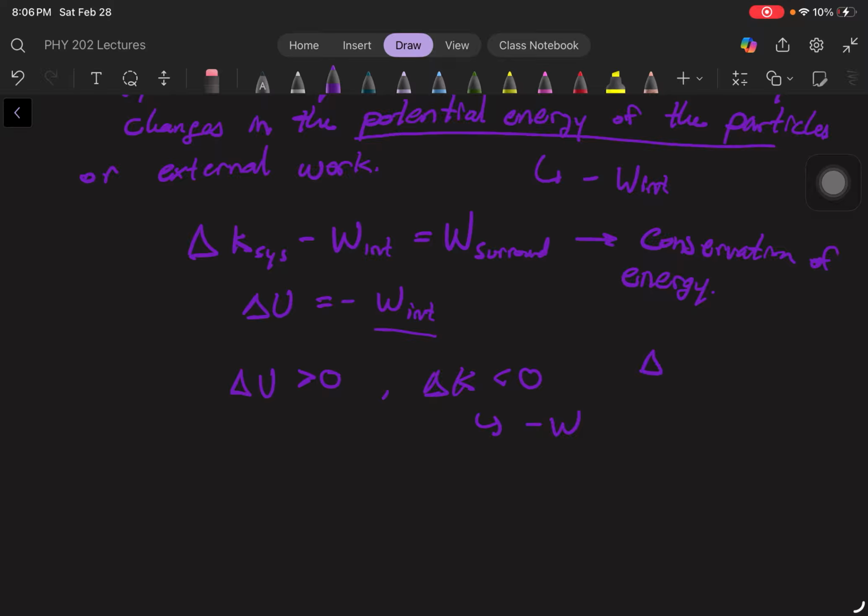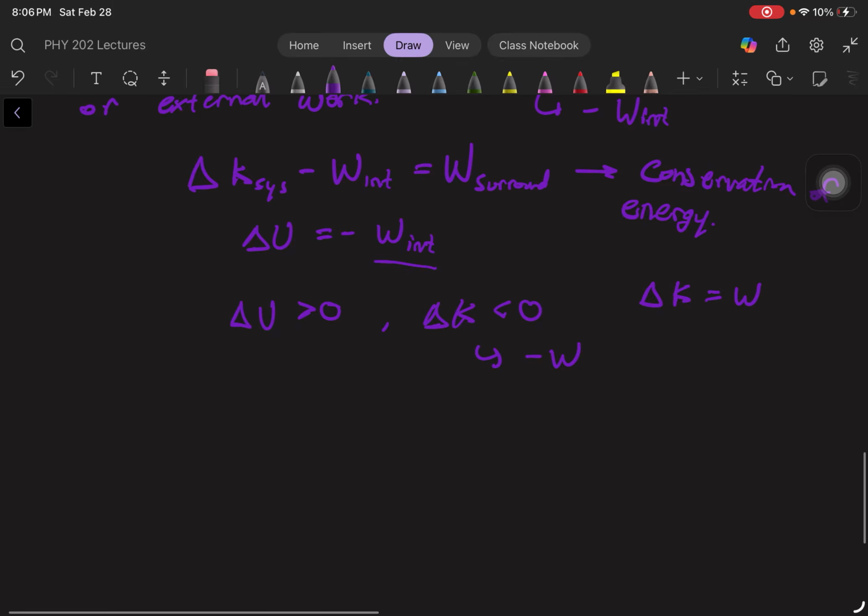Because the work energy theorem tells us the change in kinetic energy is equal to the work done. Okay. And so we have this nice equation to define the change in potential energy or the internal work done.